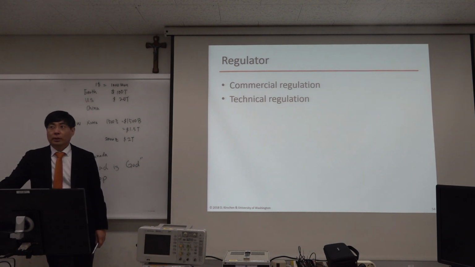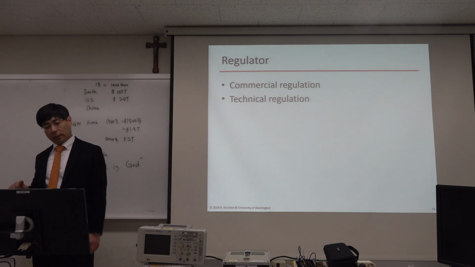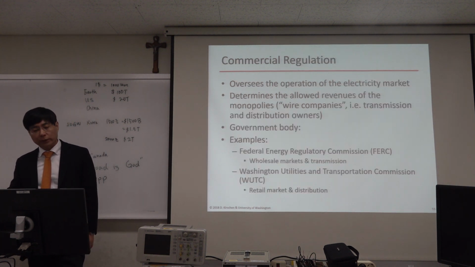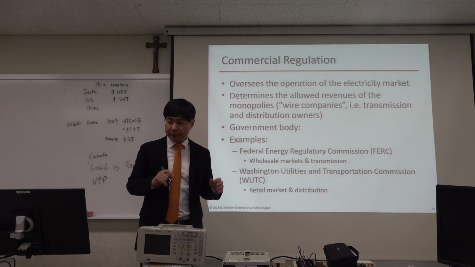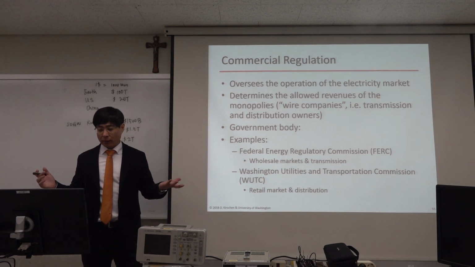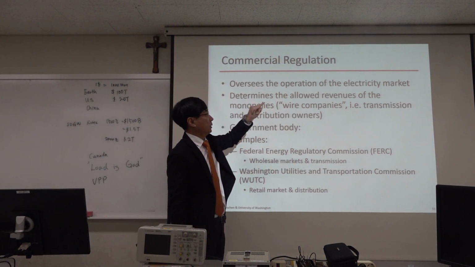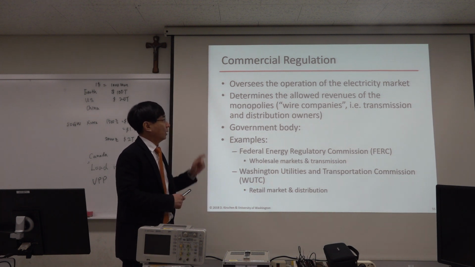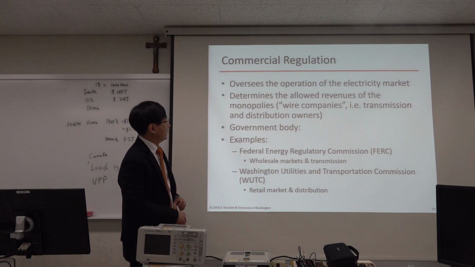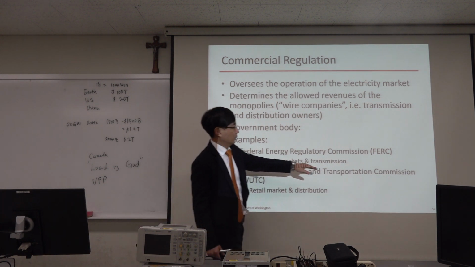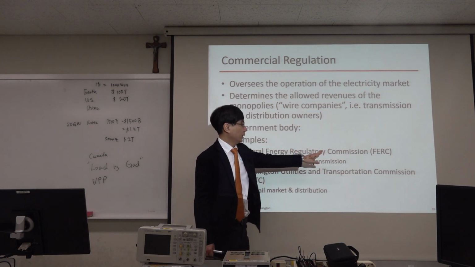Regulator. There are two types of regulation: commercial regulation and technical regulation. Commercial regulation is not about the system. It's about money. They oversee the operation of the electricity market and determine the allowed revenues of the monopoly, the rate of return. And please remember this name, FERC, the Federal Energy Regulatory Commission.